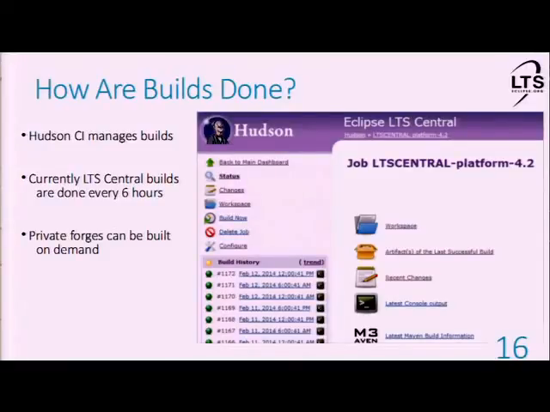The central LTS Hudson server is running the platform builds every 6 hours, and well, that's what we are calling private forges. They have access to the InnoPract-only branches, or to the IBM-only branches, or to the SAP-only branches.